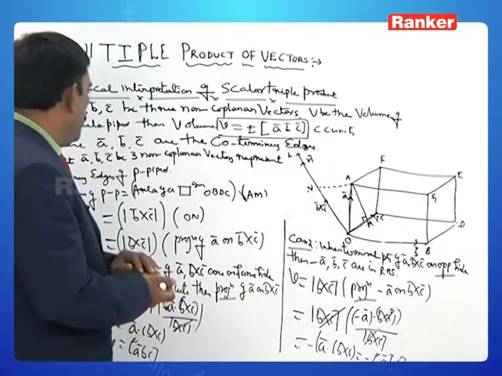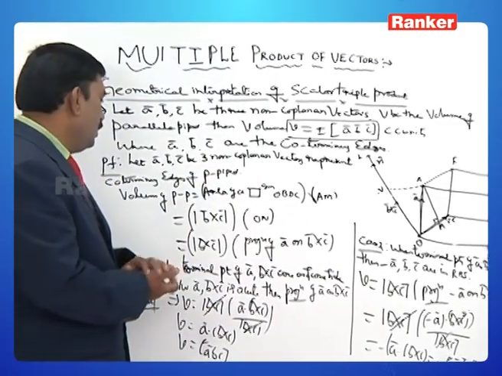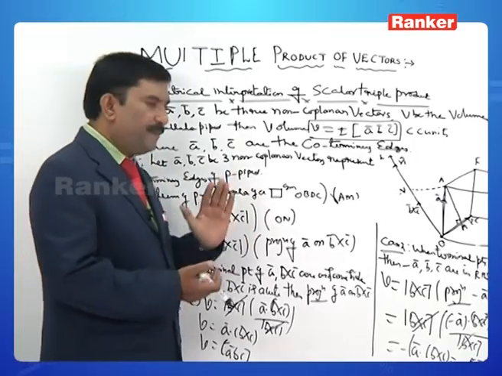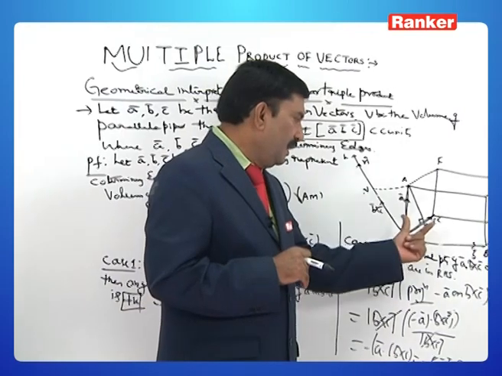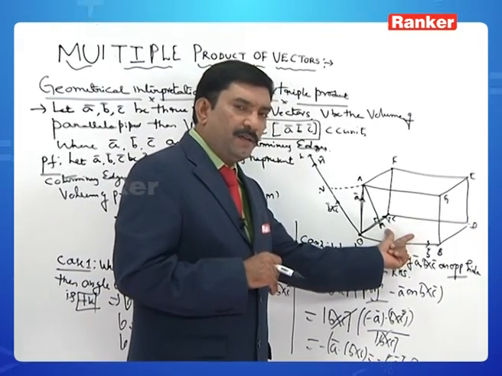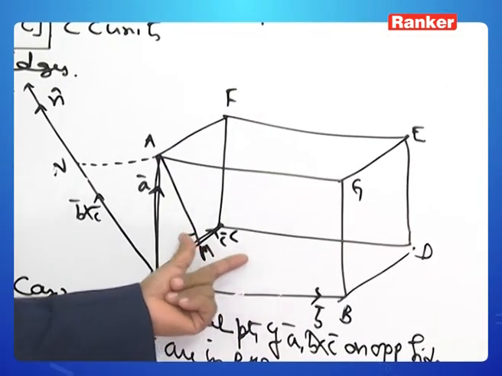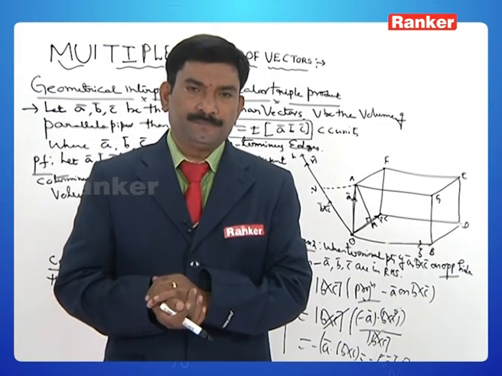The volume of a parallelepiped is given by the area of a plane face, parallelogram, into height. Height is nothing but AM.